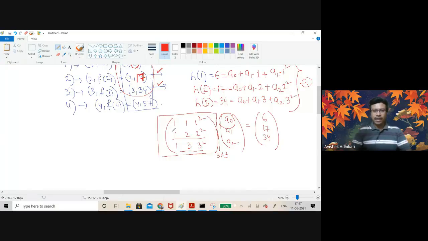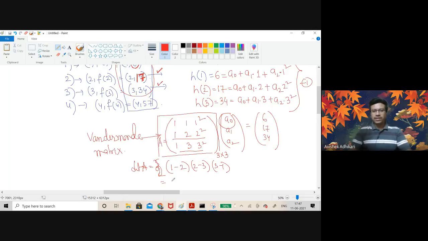Okay. Now you see that this is a special form of a matrix, and this form of matrix is known as Vandermonde matrix. And you know how to calculate this determinant value. So if this is your A, then det A is nothing but, you can calculate very easily, (1 minus 2) into (2 minus 3) into (3 minus 1).